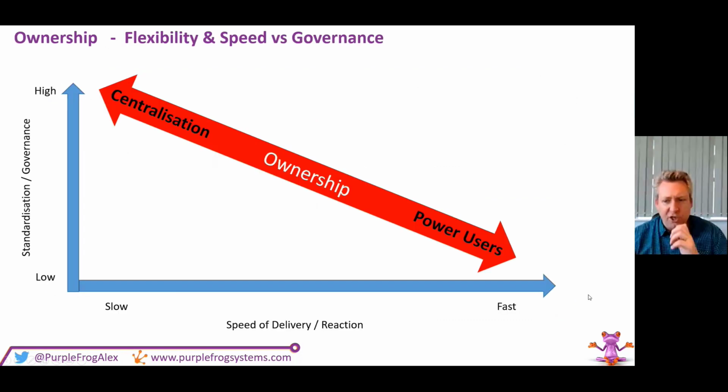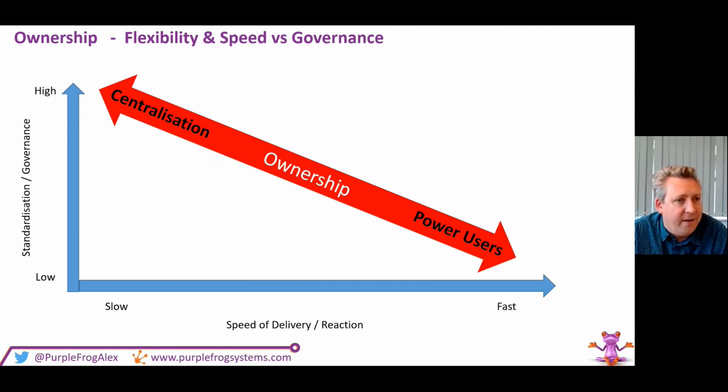Now, what does all this do from a governance and management perspective? Well, we're always trying to strike a balance between agility and governance. The speed of delivering new functionality versus how well centralized that is.